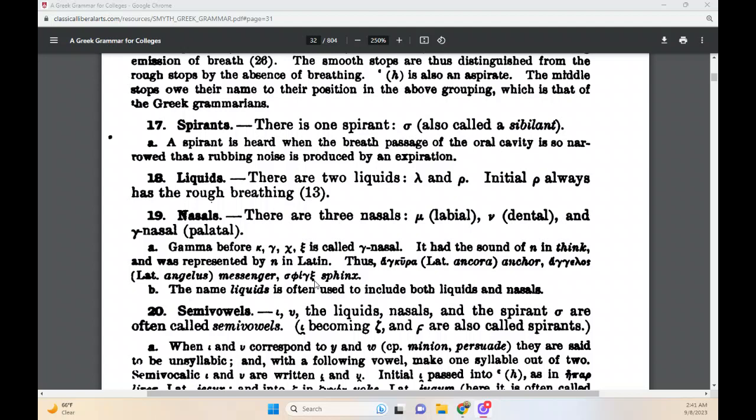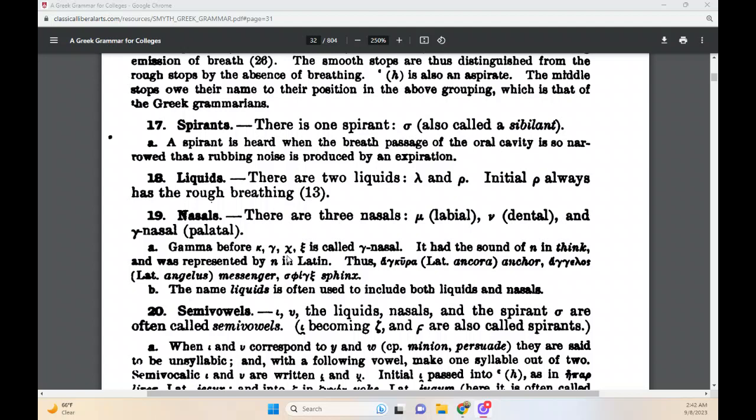And we see the Latin transliteration, sphinx. We see that gamma before the xi is transliterated with an N. So these are good examples that make clear what's meant by gamma nasal.